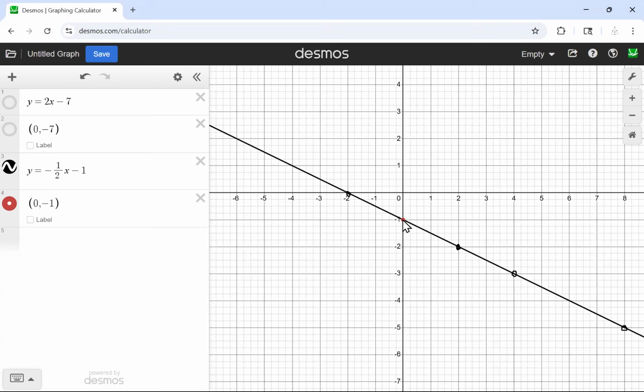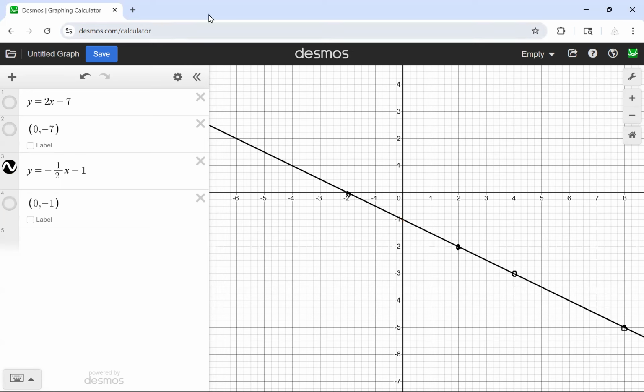And as we travel left to right on this line, the y values are decreasing. So a negative slope meant that as you move left to right, the y values are decreasing.